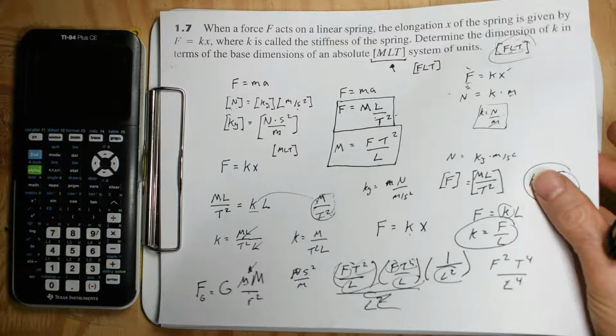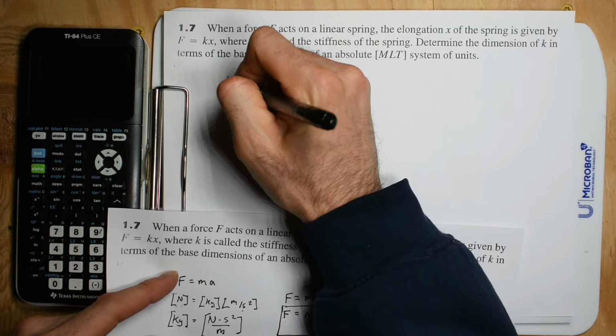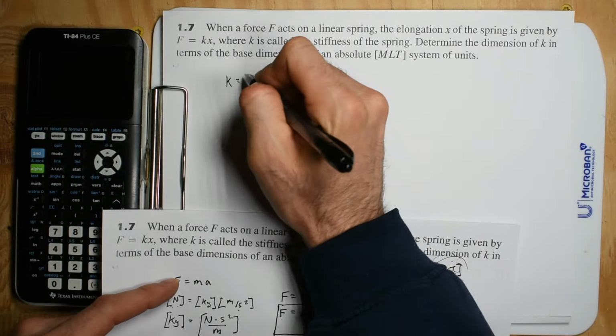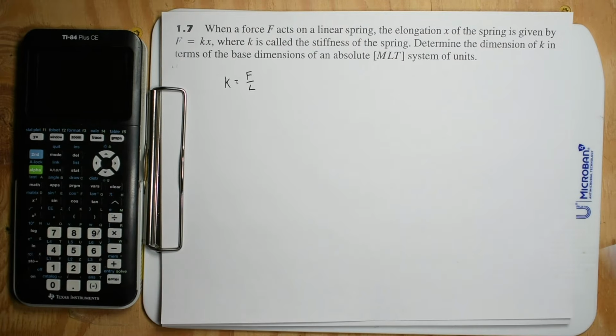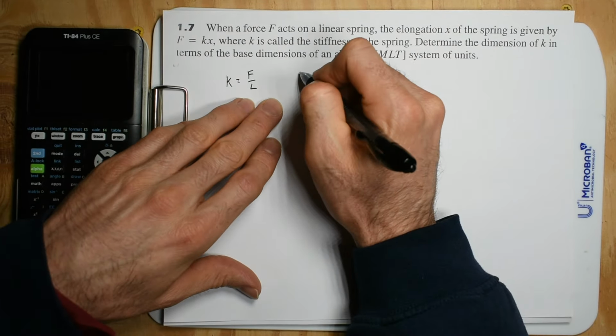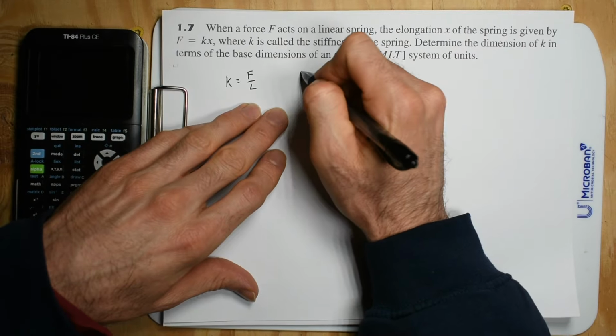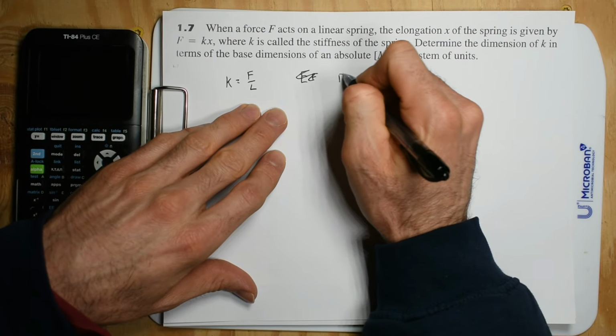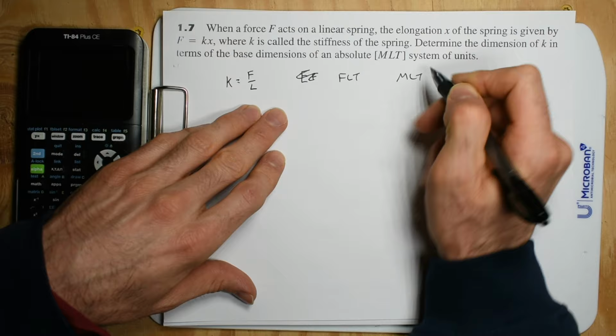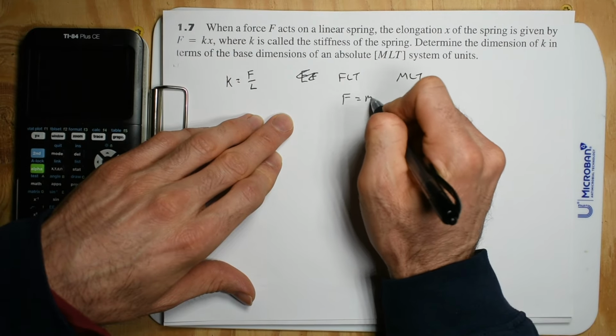If you did it the simple way with the FLT, then you can just say, hey, if I know by the FLT k is equal to F over L, now I can ask what's the MLT? Between the FLT and the MLT, you definitely want to write F equals ma.